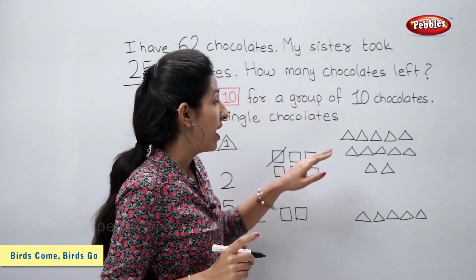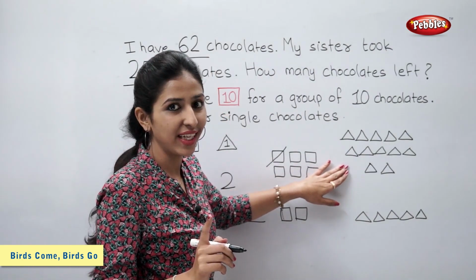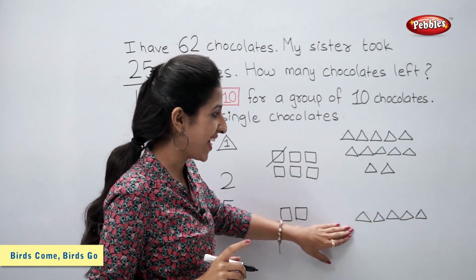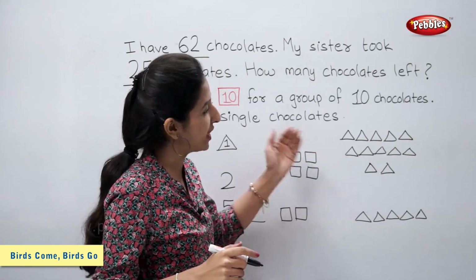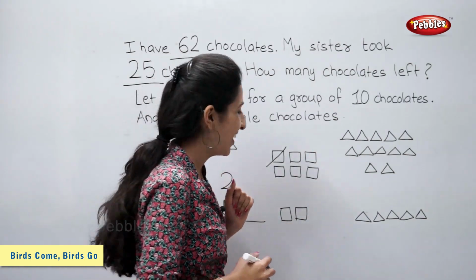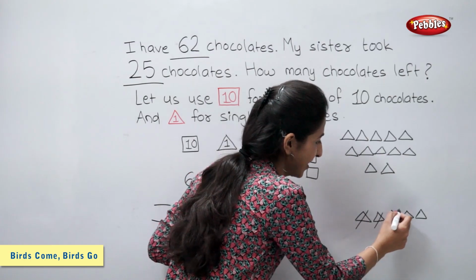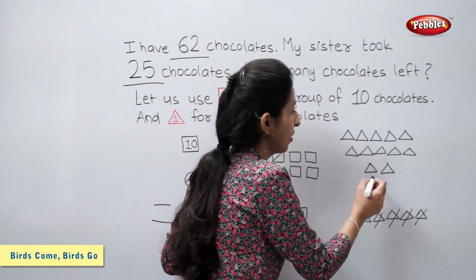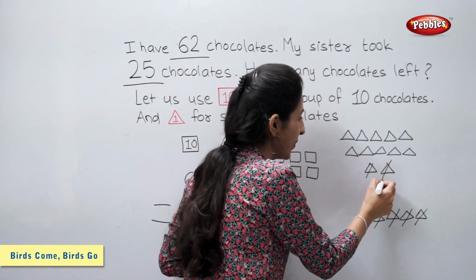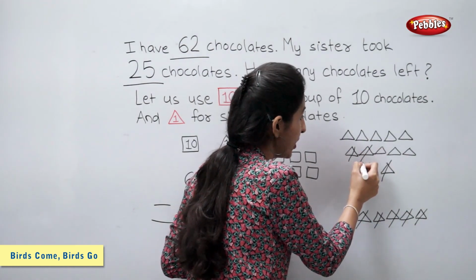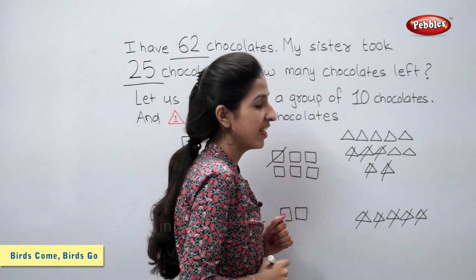So students, now we have 12 triangles. So we can take away 5 triangles from these 12 triangles. 1, 2, 3, 4 and 5.